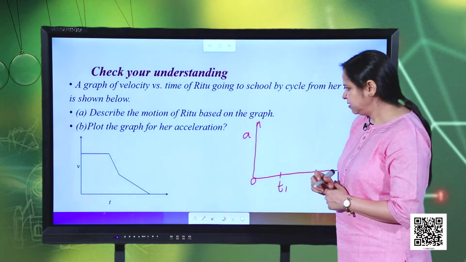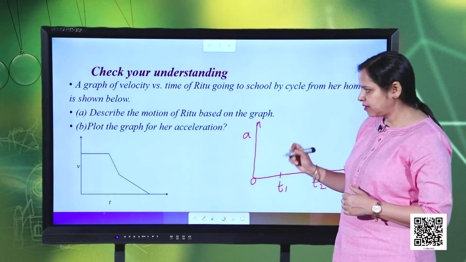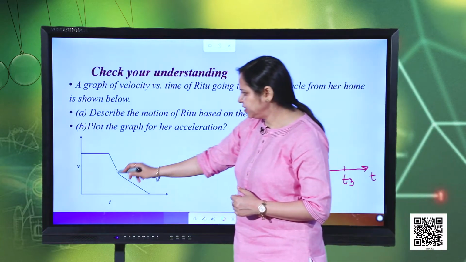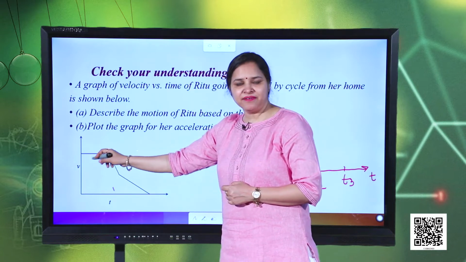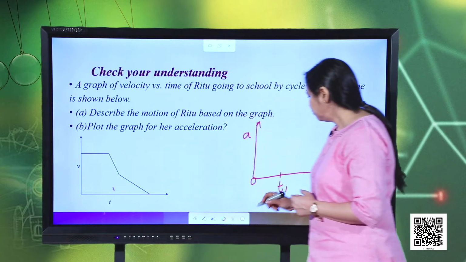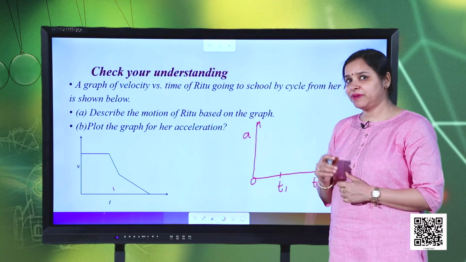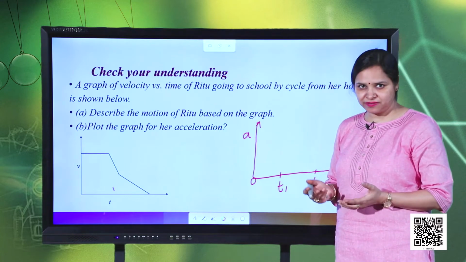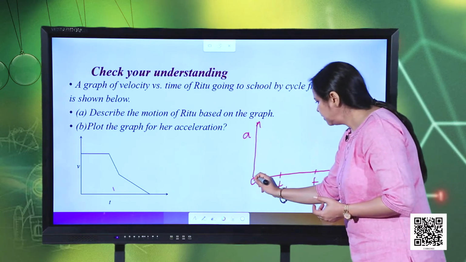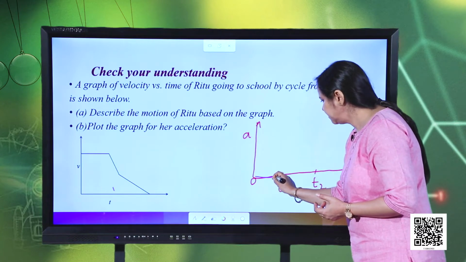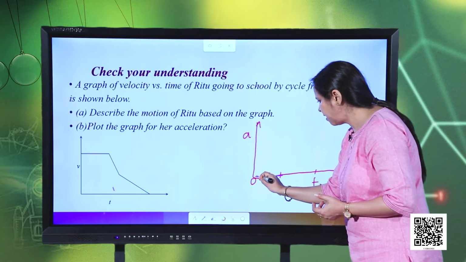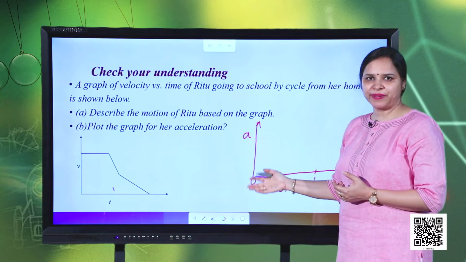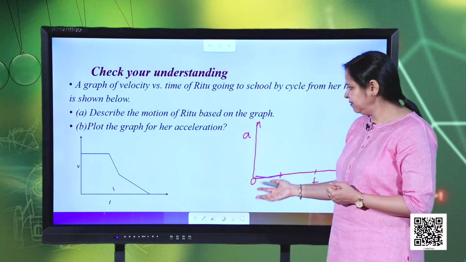Now, let us plot the acceleration time graph for the time interval of 0 to t1, wherein the velocity is uniform. Since the velocity is uniform, we may conclude that acceleration has to be 0. So, in this duration we plot a graph which overlaps the time axis, since acceleration is 0.